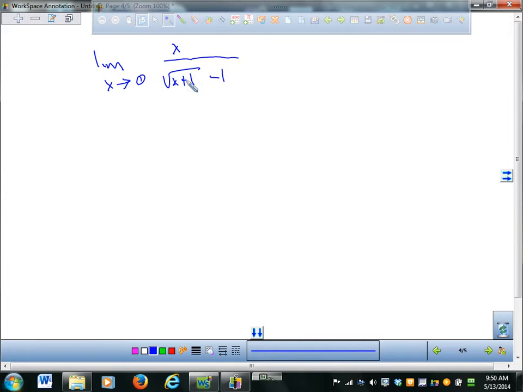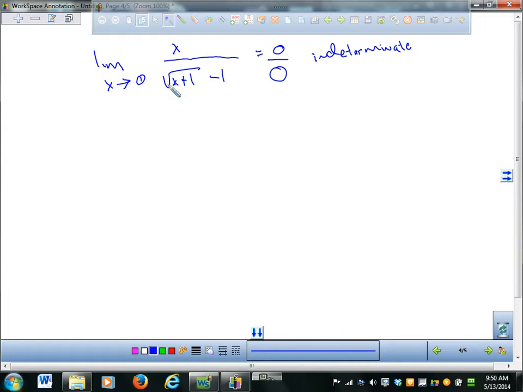What if I plug in 0 in here? What do I get? If I were to plug in 0, I get 0 over 0, right? And this is again called the indeterminate, which means you can't tell anything.